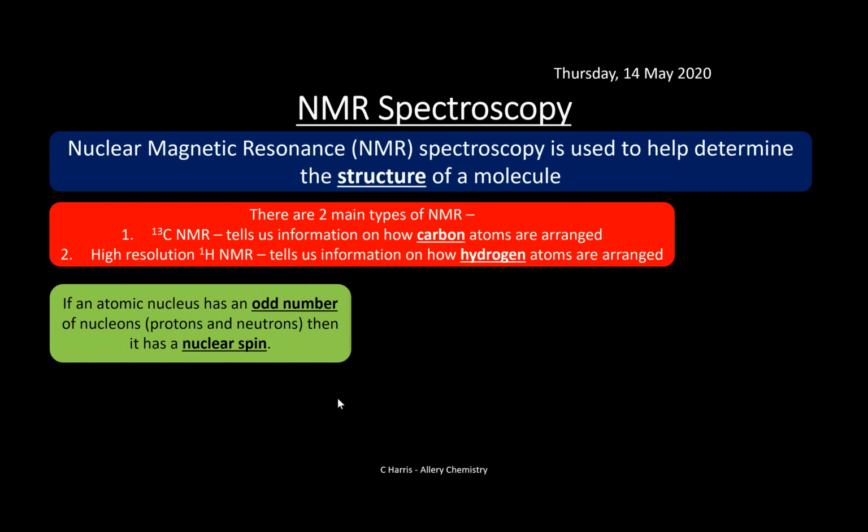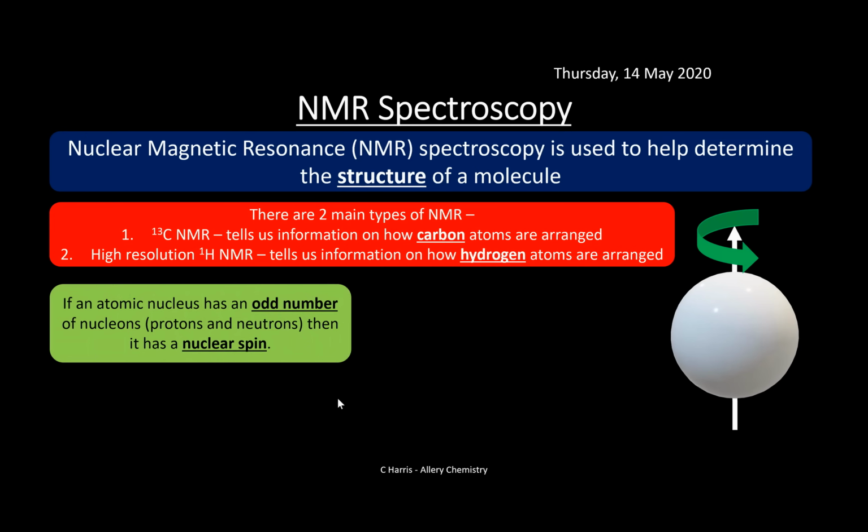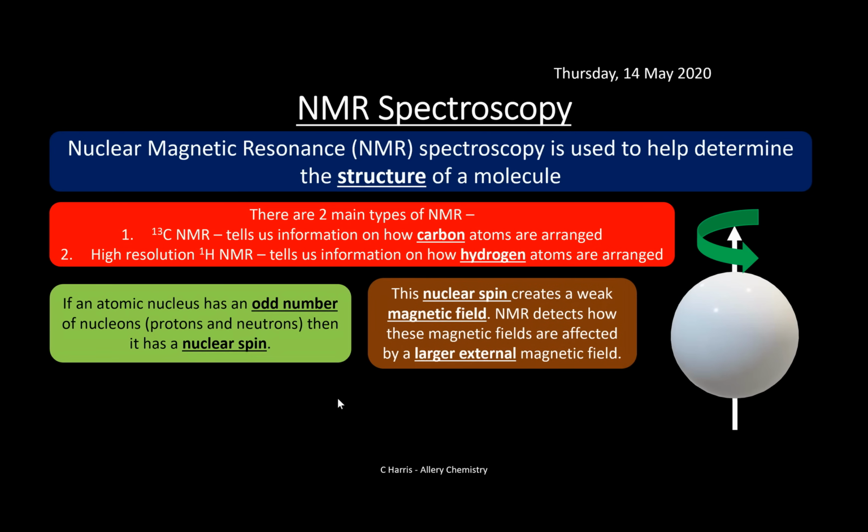So we're going to start with saying that if an atomic nucleus has an odd number of nucleons, which is protons and neutrons, then it has a nuclear spin. The nucleus is in the middle, and these nucleons spin in a particular direction, as the diagram is trying to illustrate. This nuclear spin creates a weak magnetic field around it, and the NMR machine detects how these magnetic fields are affected by a larger external magnetic field.